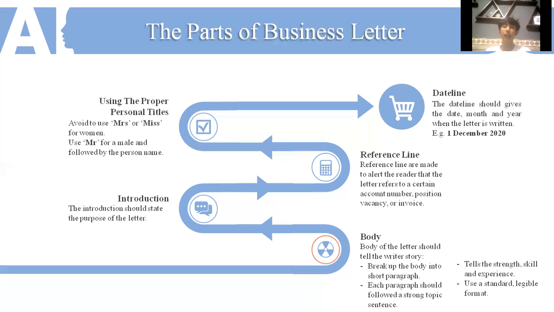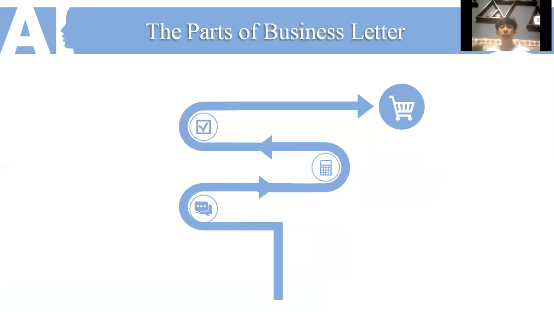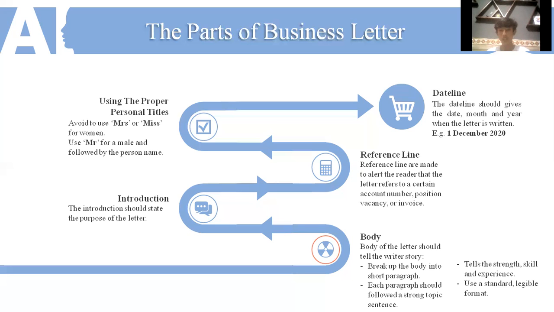Next, talk about your strengths, skills, and experience, and why employing you would benefit the company. The last is to use a standard legible format to make your writing standard and accepted by the readers.